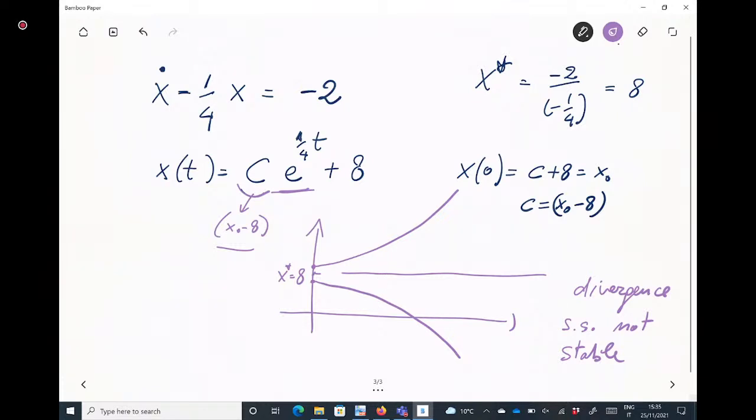Why? Look at the general solution. If x0 is equal to 8, here we have a growing exponential factor, but it is multiplied by 0, so it is neutralized from the beginning, and the system will evolve at the constant level 8, which is the starting level. But what I want to point out is that this is a mathematical model.